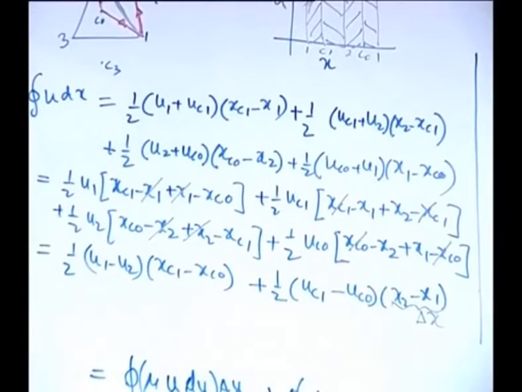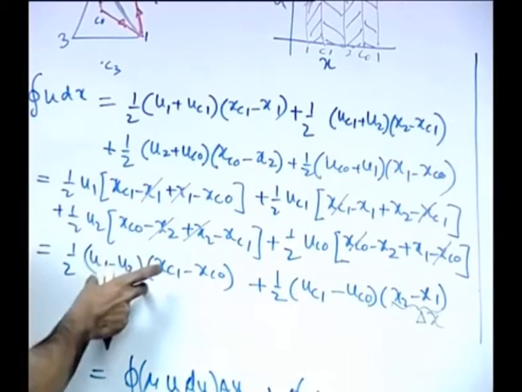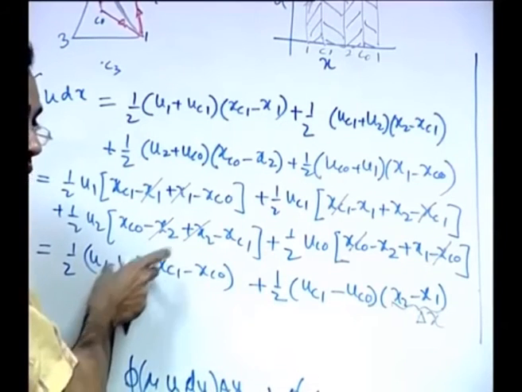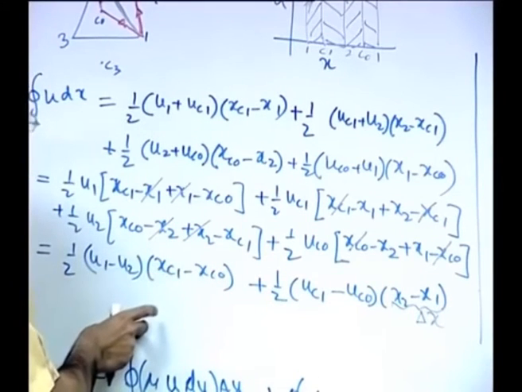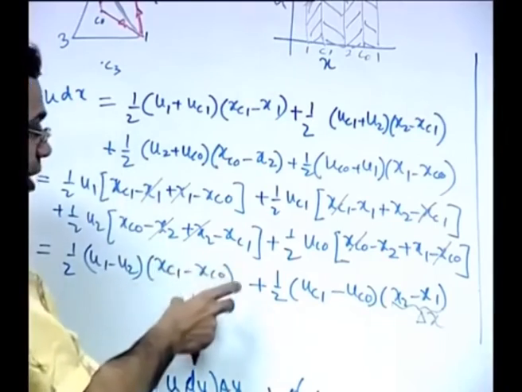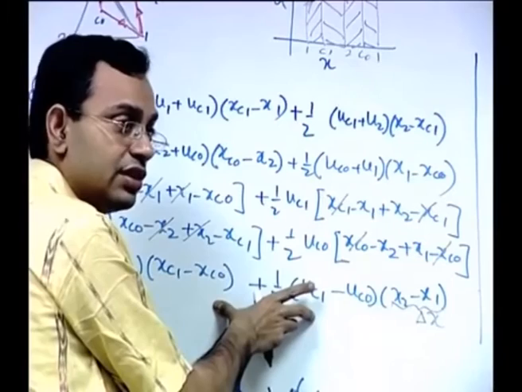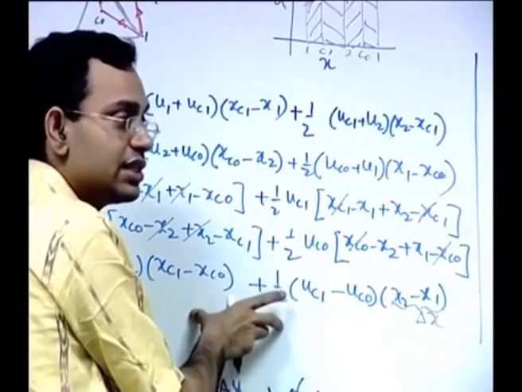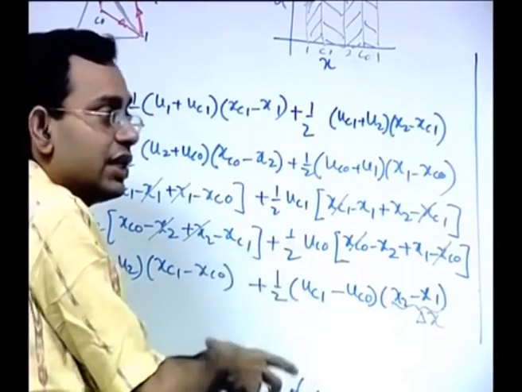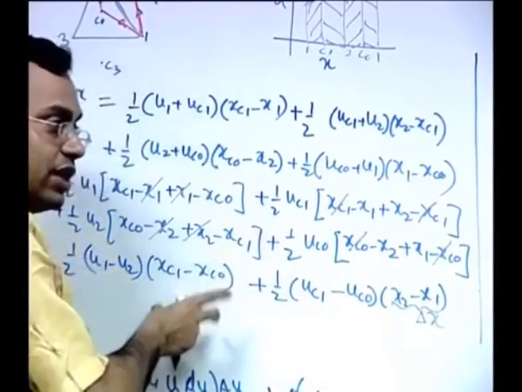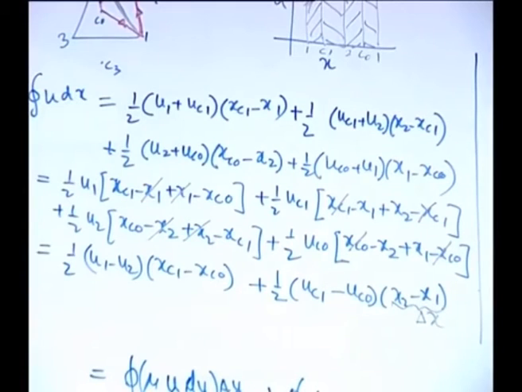Similarly there will be contour integral of u dy. Remember this is for edge 1 2. So you have u1 minus u2 into this, then there will be u2 minus u3 plus u3 minus u1 for the other two edges. How many total terms will be there? 2 terms for each edge, so there will be total 6 terms. I am not writing each and every term, you should be able to write other terms based on one term for one edge, it is very similar, there is no difference at all.